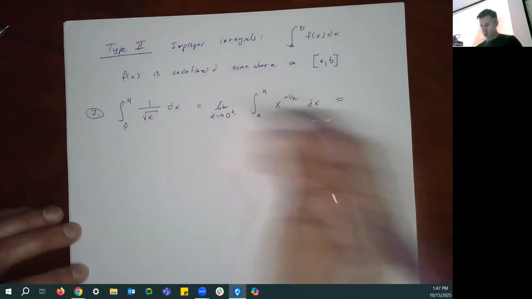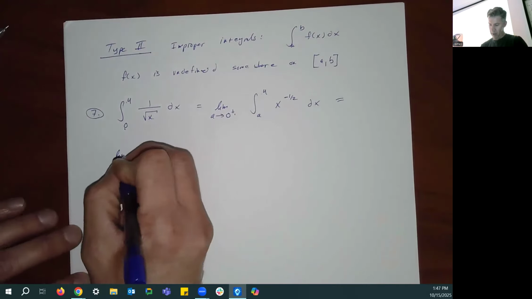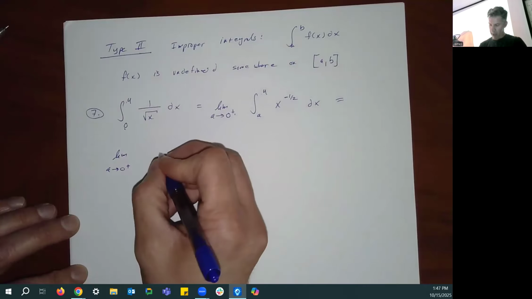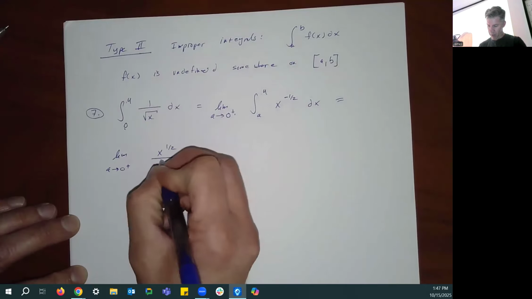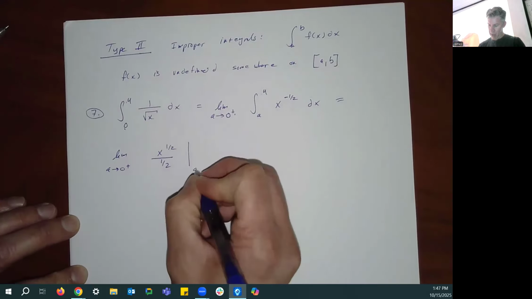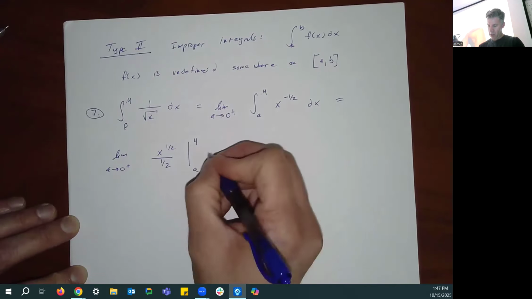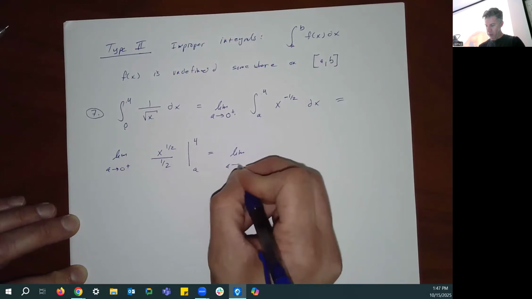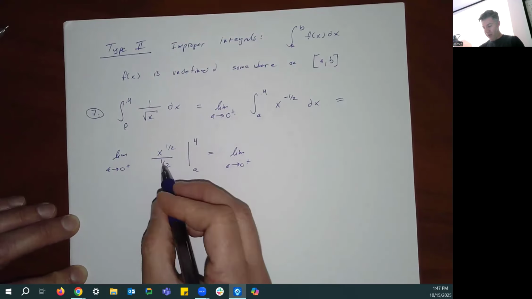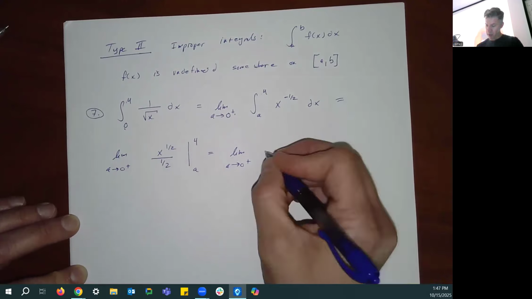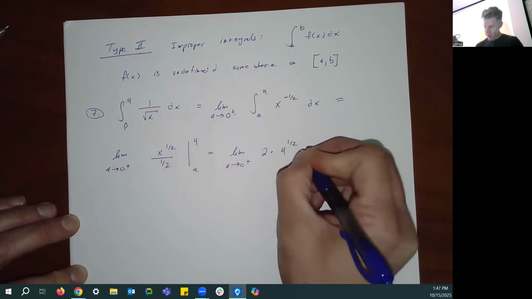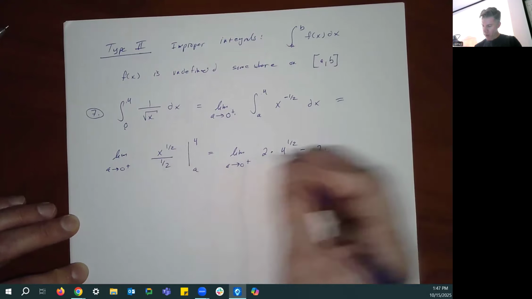So then, usual process. We get the limit as a approaches 0 from the right. We anti-differentiate this. We get x to the 1/2 power divided by 1/2, evaluated from a to 4. We simplify and plug in our limits of integration. Dividing by 1/2 is like multiplying by 2, so I get 2 times 4 to the 1/2 minus 2 times a to the 1/2.